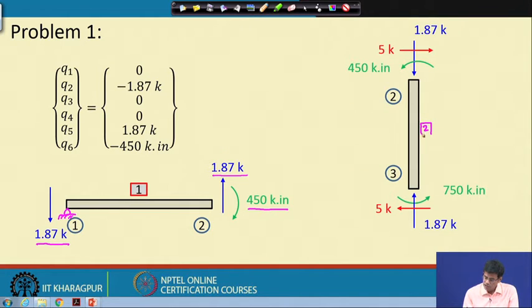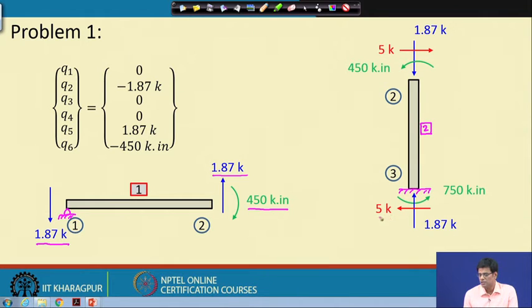Now, this also balances. There is no moment acting at this joint finally, and there is an external load of 5 kilopound acting horizontally along the x axis, which is balanced at the fixed end, because if you remember, this end was a fixed end.